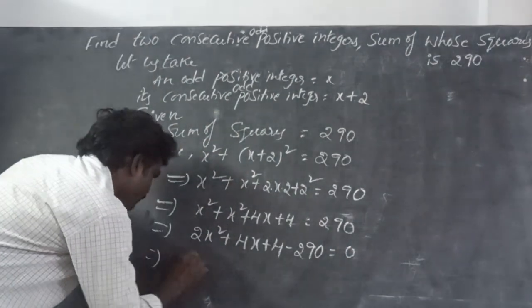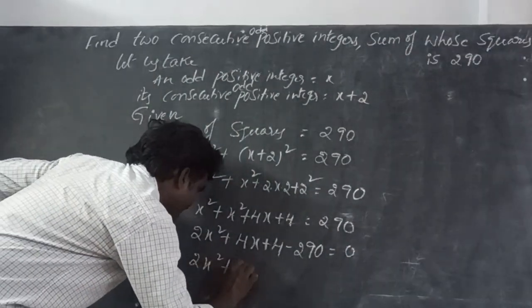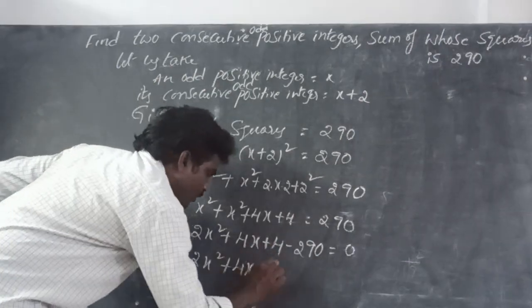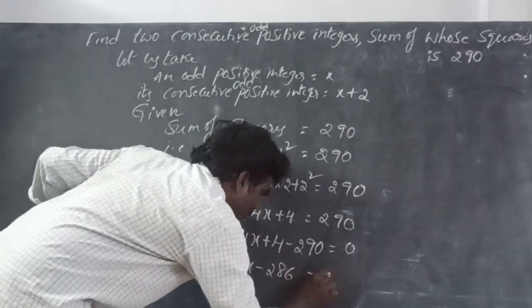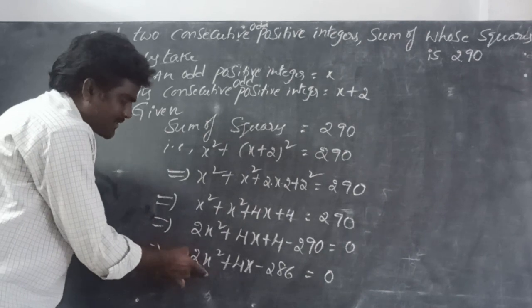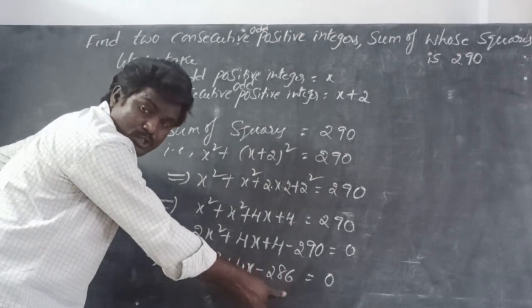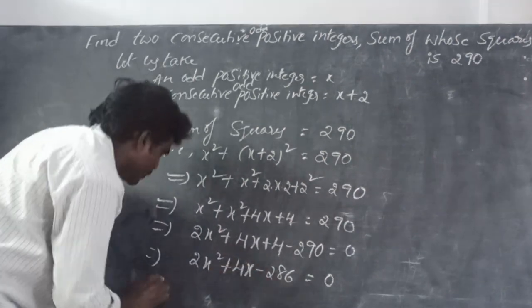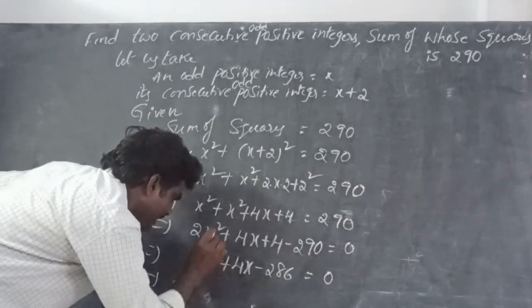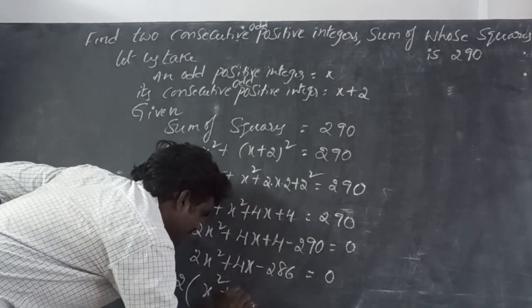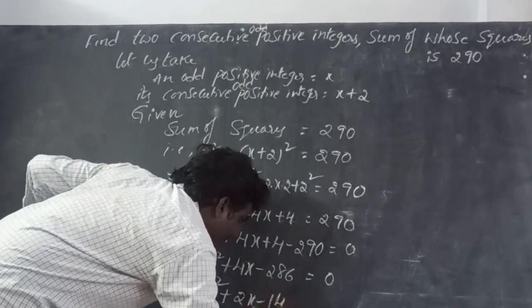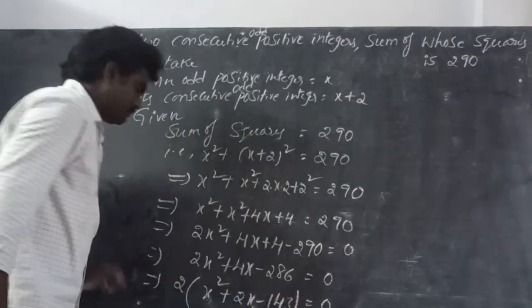So 2x square plus 4x plus 4 minus 290, how much? 286, is equal to 0. Here 2 into x square, 4 is 2 into 2, 286 is 2 into 143. So we take that 2 outside. What remains? x square plus 2x minus 143 is equal to 0.